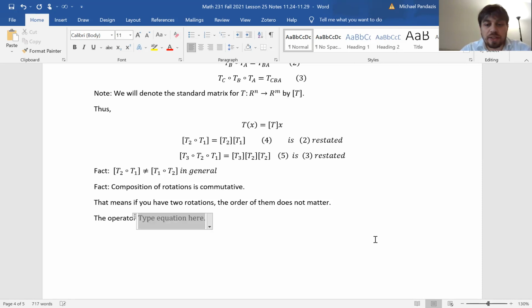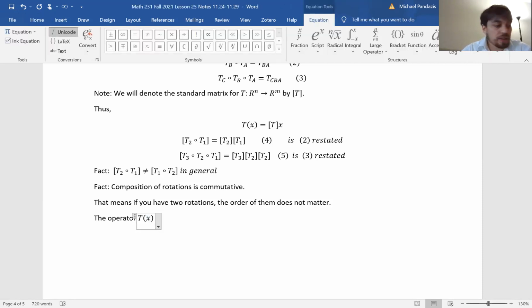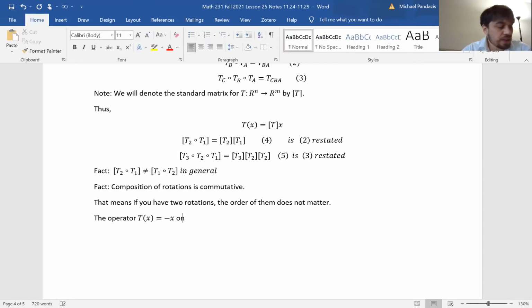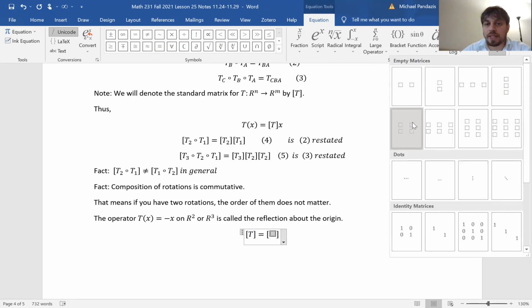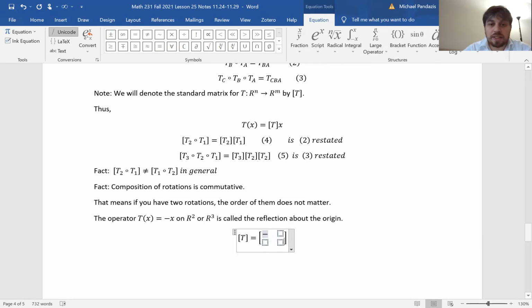Okay, so the operator T of x, which is equal to negative x on R2 or R3, is called the reflection about the origin. And so the standard matrix for a reflection about the origin on R2 is -1, 0, 0, -1.